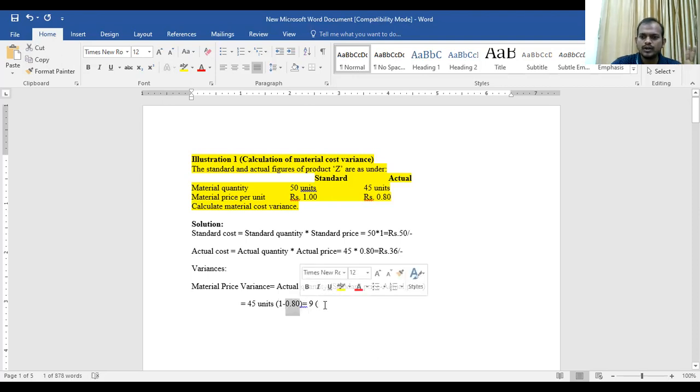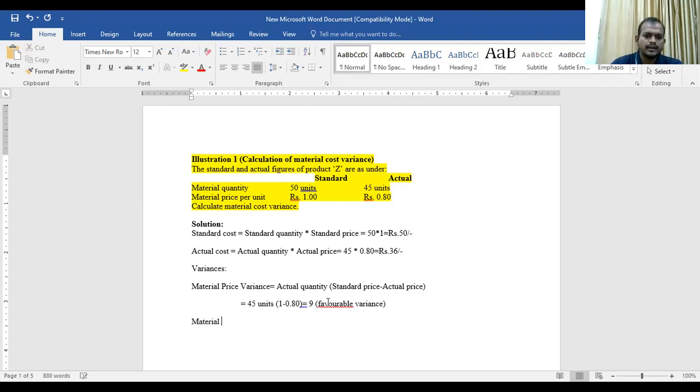Means 20 paise is less compared to the estimated. So we paid very less. So it is favorable. Favorable variance.